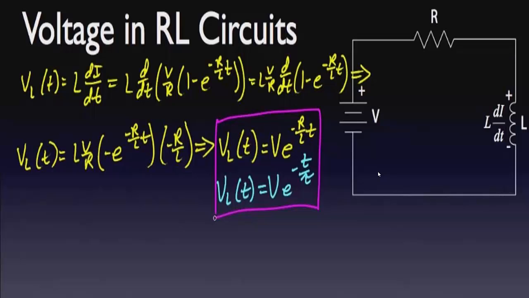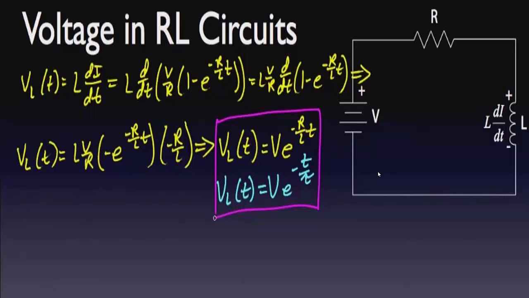So essentially we only need to find the derivative of I with respect to time, and we already know I from our previous example. I again is V over R times 1 minus e to the negative R over L t.